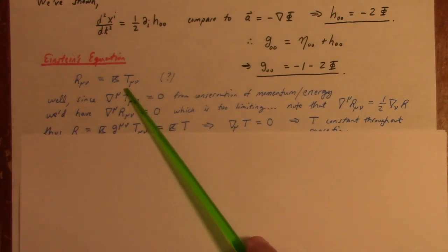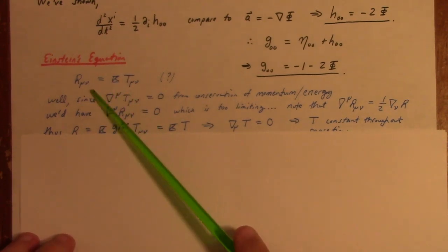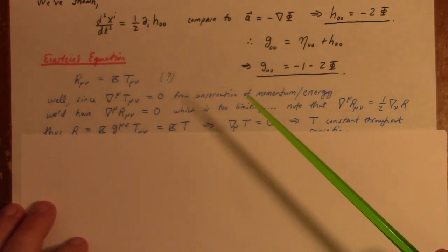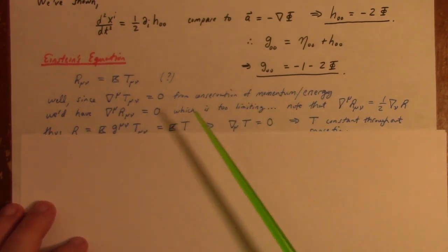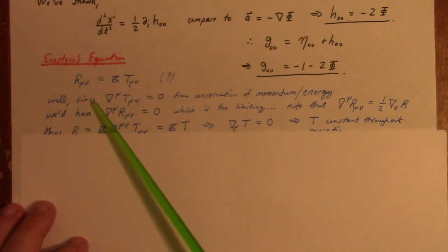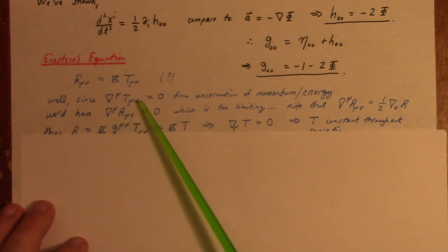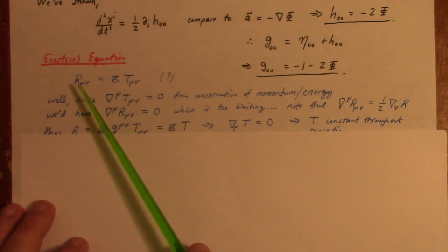That's one of the first things you might think about, because they're both symmetric tensors, and it's a natural thing to try, but you soon give up on it because it forces the covariant derivative of the stress energy tensor to be 0.